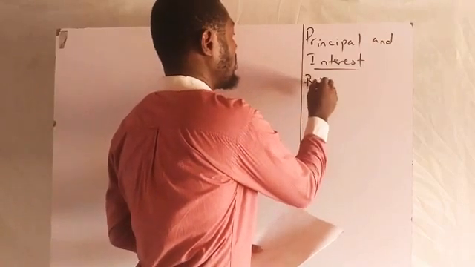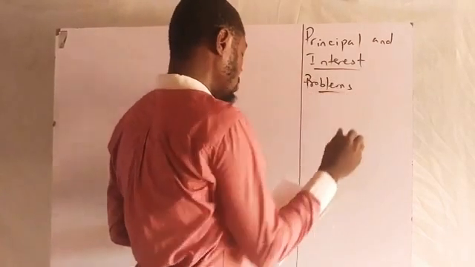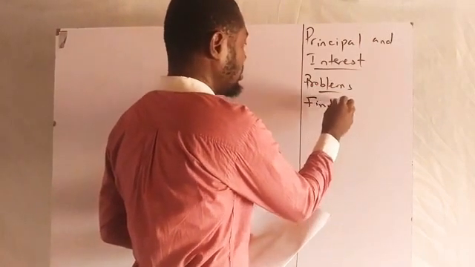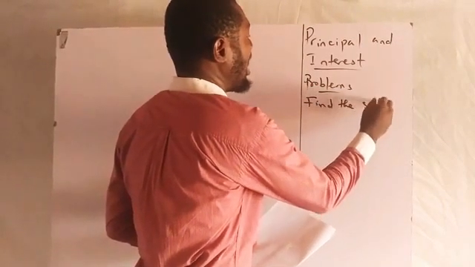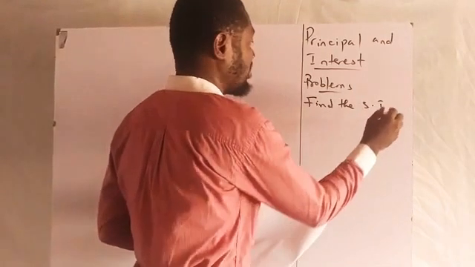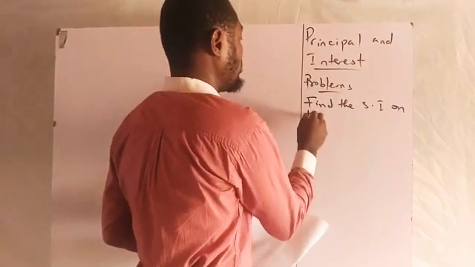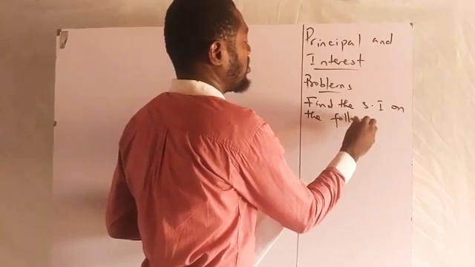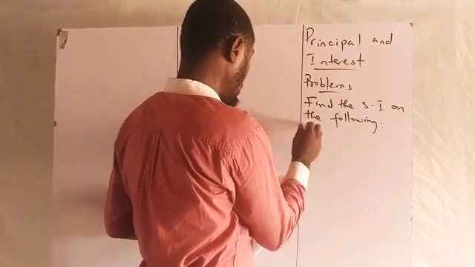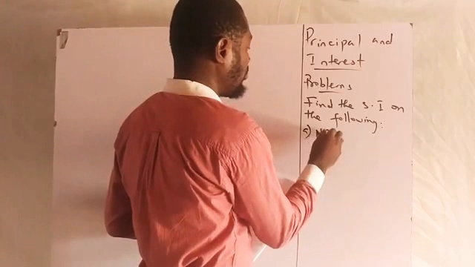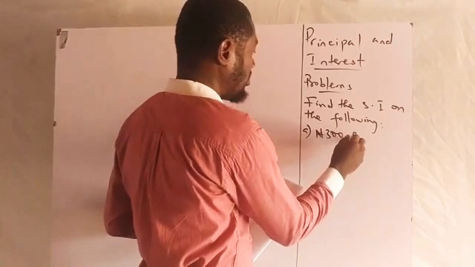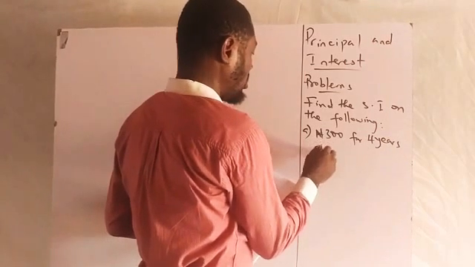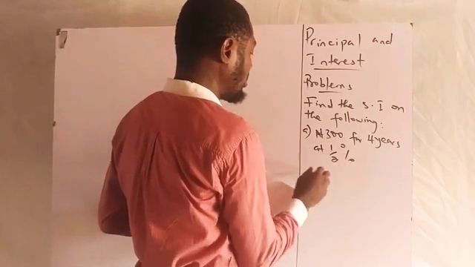Problems. One, find the simple interest, I'll be using SI for simple interest, on the following. A: 300 naira for 4 years at 1/2%.